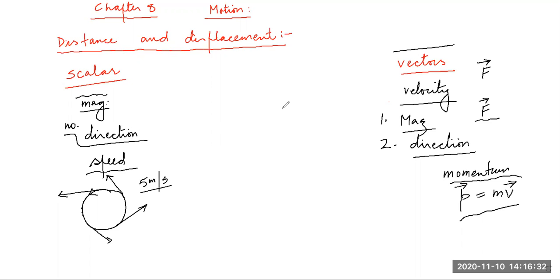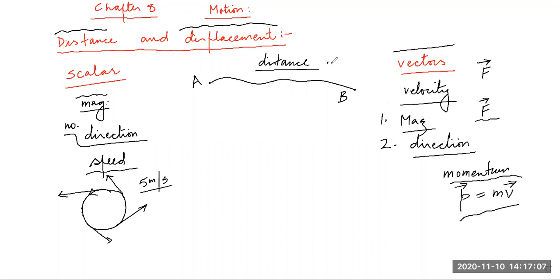Okay. So guys, same is the difference between distance and displacement. Both these terms are used to tell, let's say, a point has moved from point A to point B. The direction is not specified. So if I measure this length, I will say a point has traveled a distance of, let's say, 10 meters.